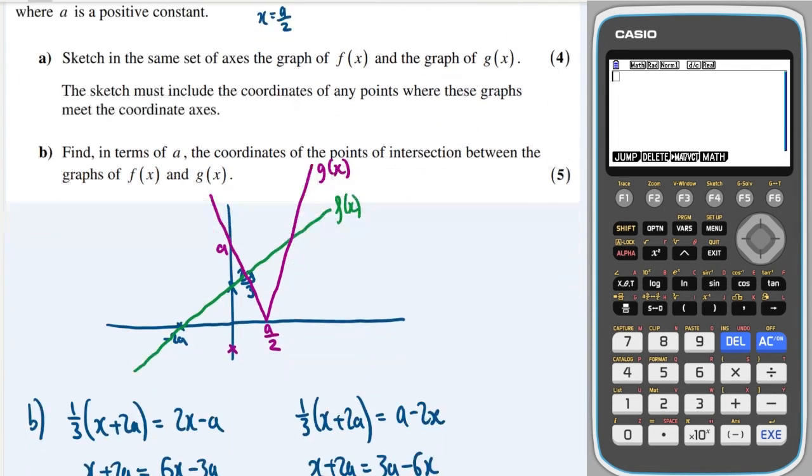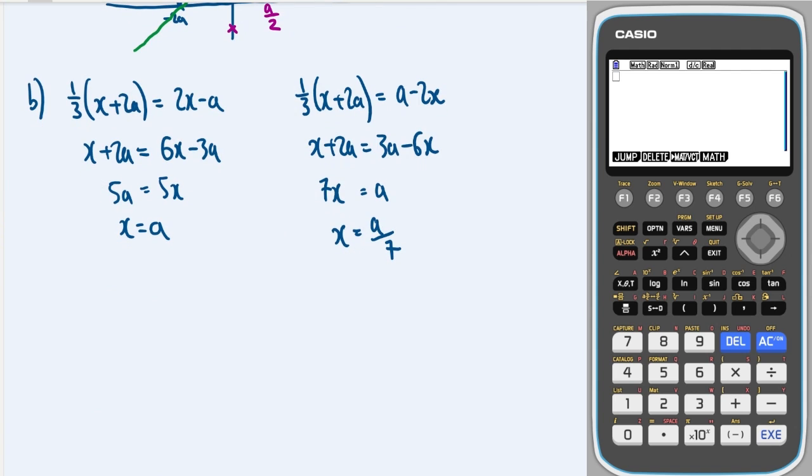I think maybe the easiest one to sub into is the actual modulus function. So that was 2x minus a. So replace the x with an a. That gives me 2a minus a, which is just a. So here the y value is equal to a.